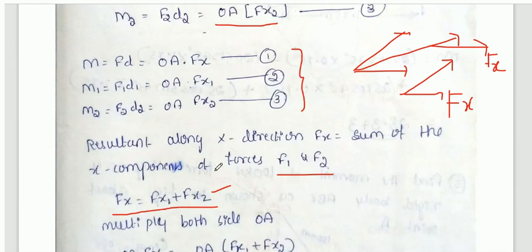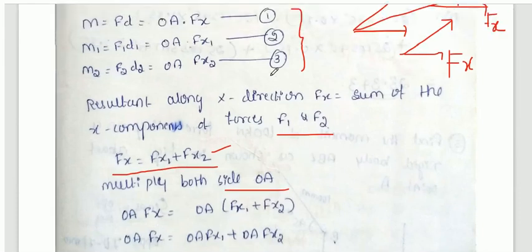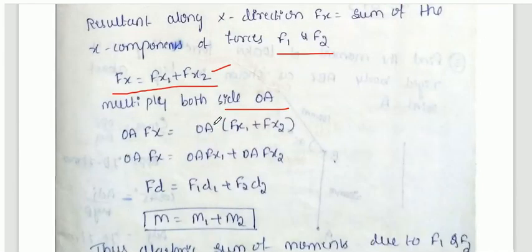Now for this equation you have to multiply OA on both sides for the simplification. By equations 1, 2, 3, OA into Fx is F into D, OA into Fx1 is F1 into D1, OA into Fx2 is F2 into D2.